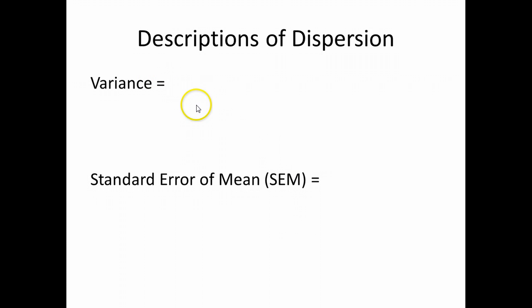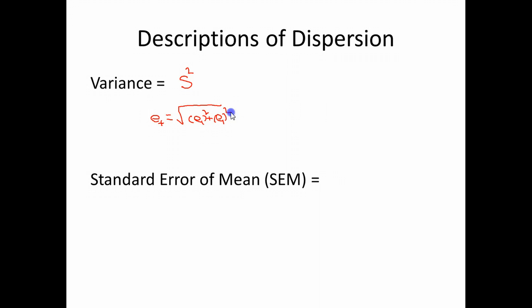Alright, so there's a couple other ones that we haven't talked about yet, and one of them is called the variance. So the variance is just your standard deviation squared. You may ask yourself why we might use variance. If we already know what the standard deviation is, what would be the point of squaring it? If you think back to propagation of errors through addition and subtraction processes, you remember your total error would be the square root of each of your individual errors squared and summed.